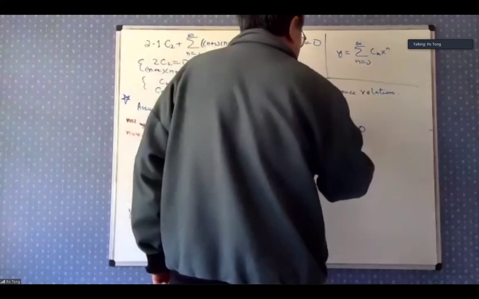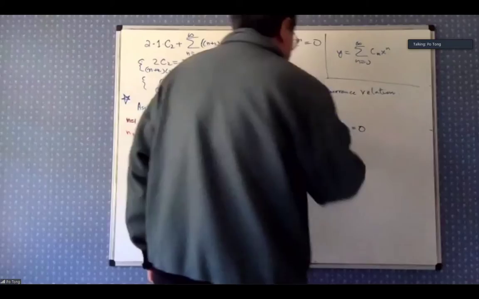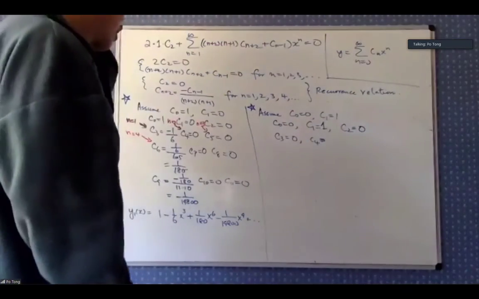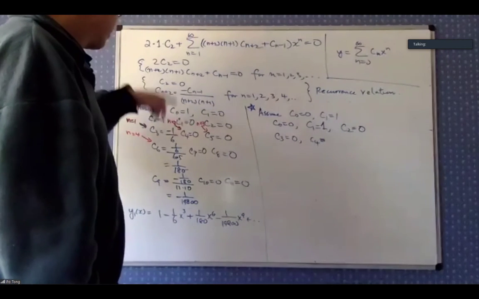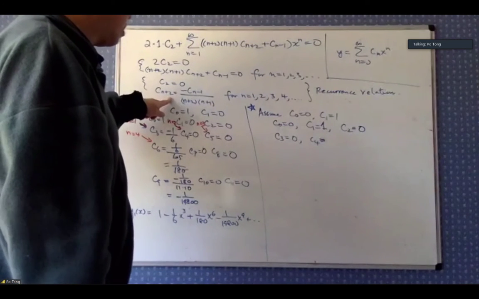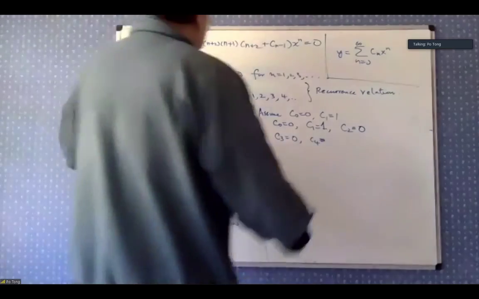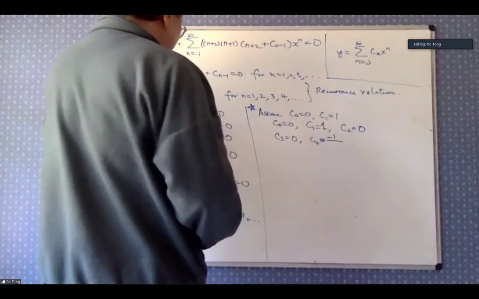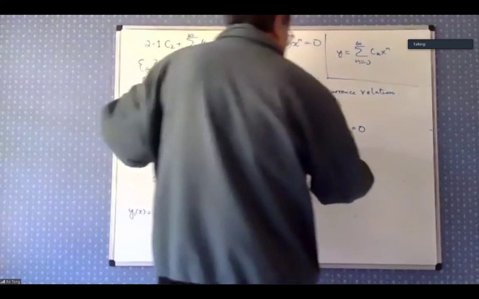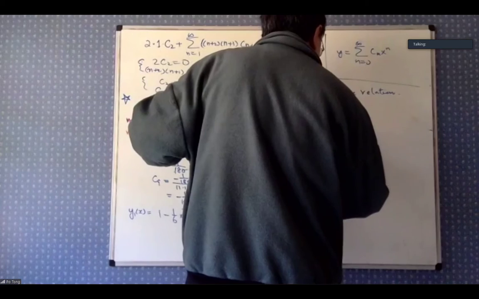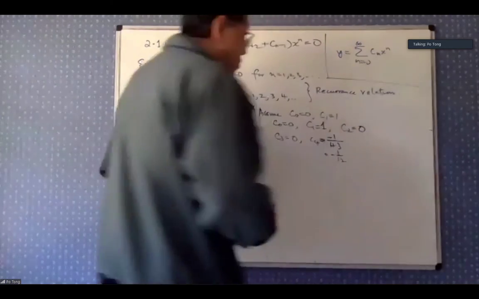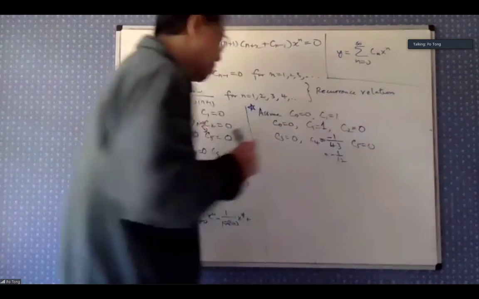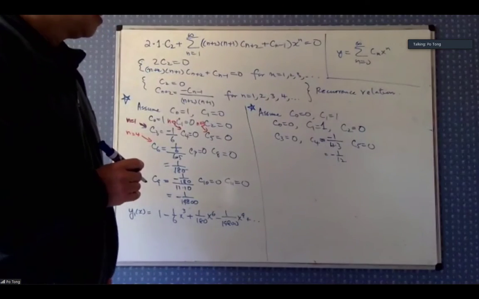This is 1. C1 is 1 for this case. So C4 is related to C1, for n equal to 2. So it's minus C1 divided by 4 and 3, negative 1/12. C5 will be 0.